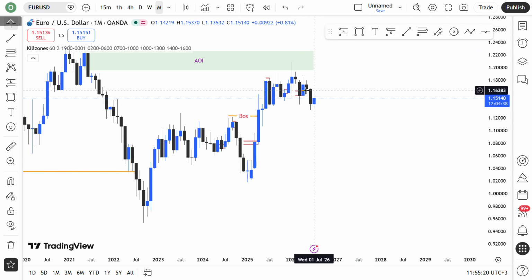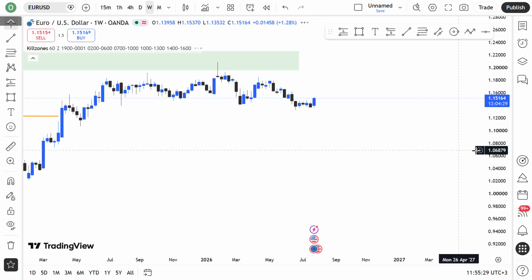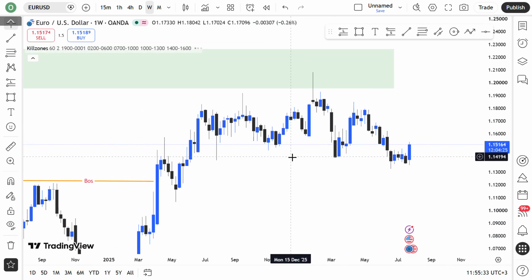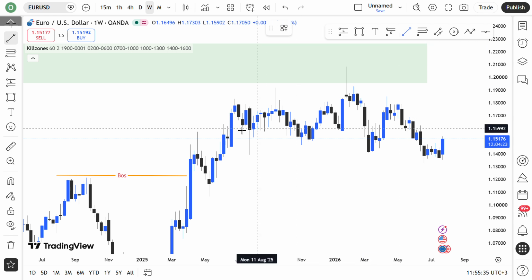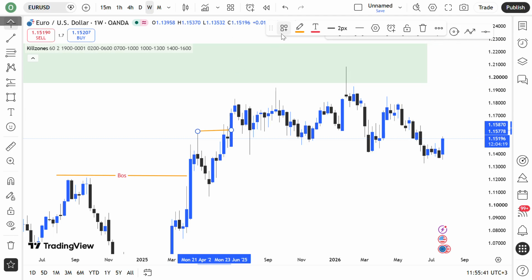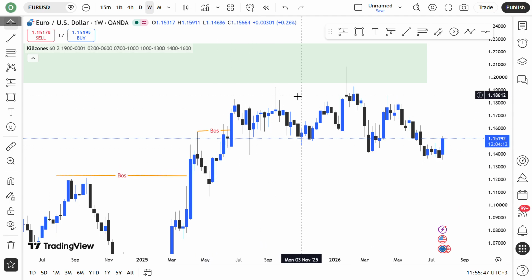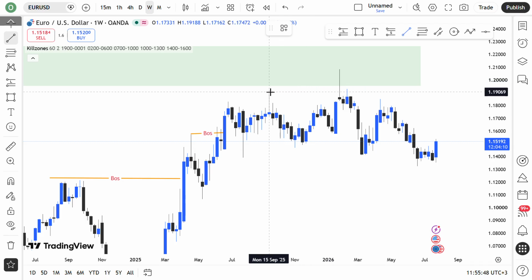So we are going to shift into a weekly time frame so that we can see clearly how this structure is forming. On a weekly time frame, before price reacted from that area, we had this recent break of structure upside, signifying that we had an uptrend, and now we had this recent sweep of this high.